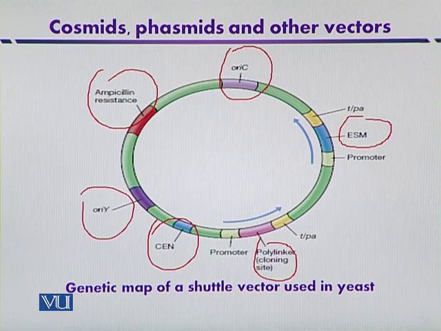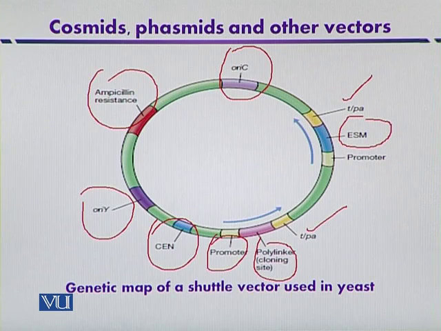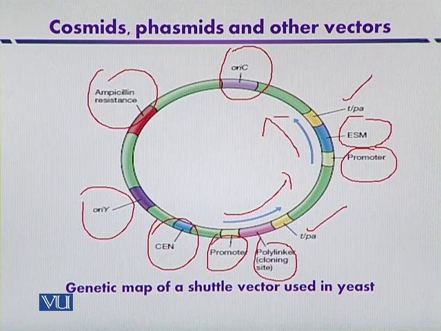There can also be some termination points for the transcription. They have also been incorporated, and of course promoters for the transcription of different genes. And this arrow indicates the direction of transcription.